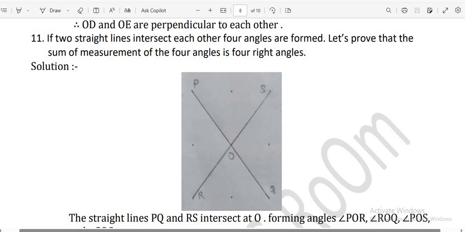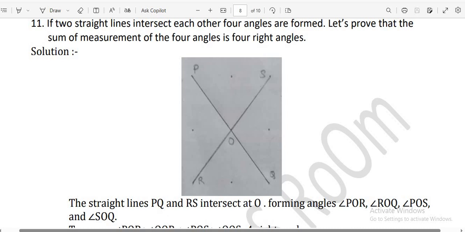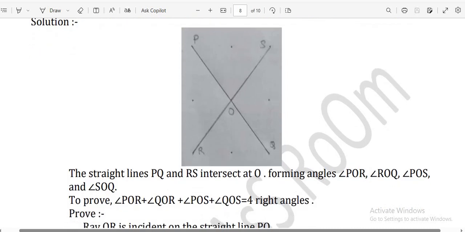The solution, from the figure above: the straight lines PQ and RS intersect at O, forming angle POR, angle ROQ, angle POS and angle SOQ.